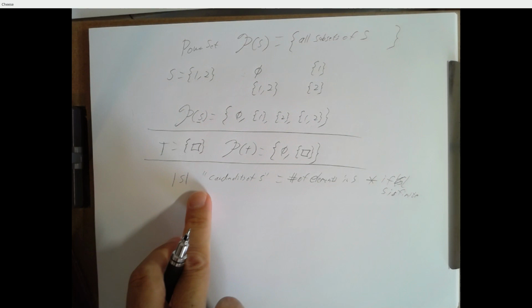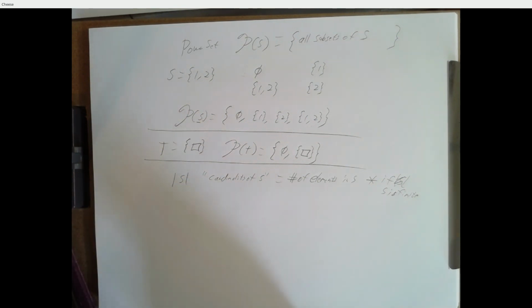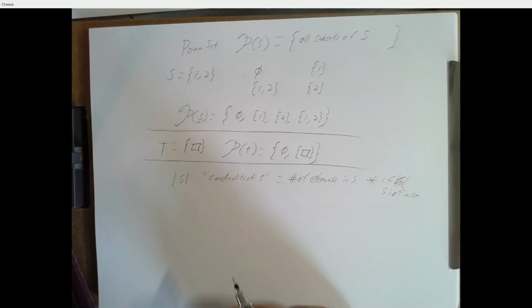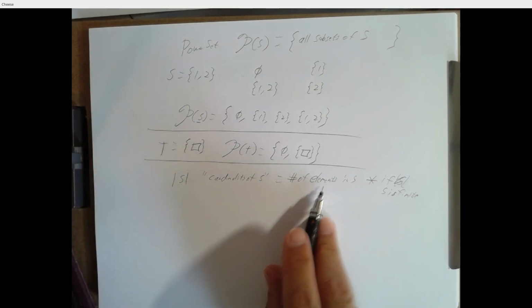So when we talk about the cardinality of the integers, it doesn't mean the number of things in that set, because there's an infinite number of things in the set. But for finite sets, this just means the number of elements in the set.